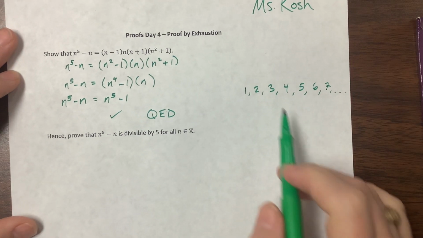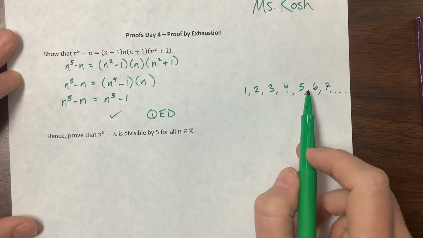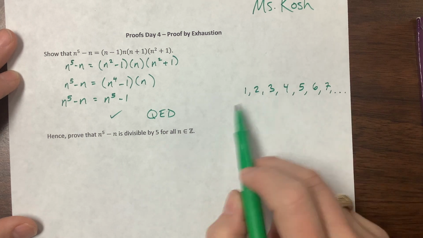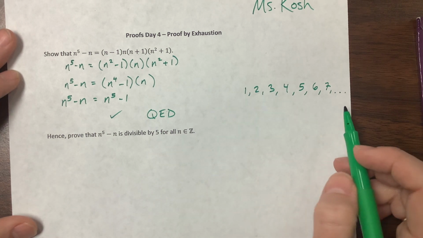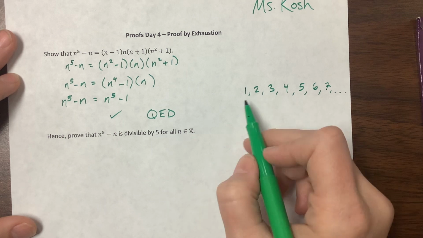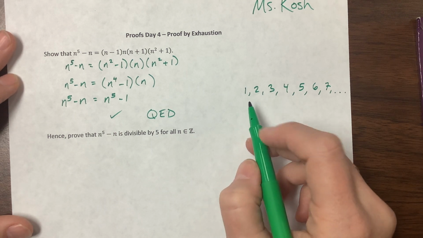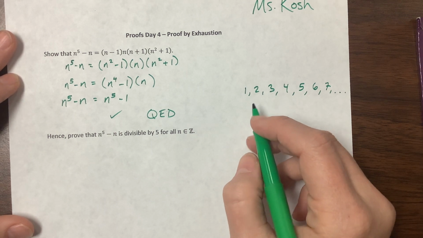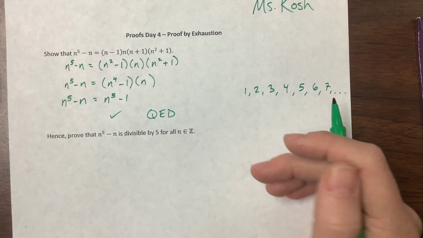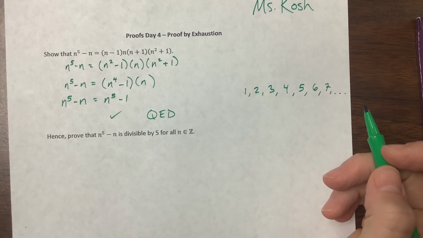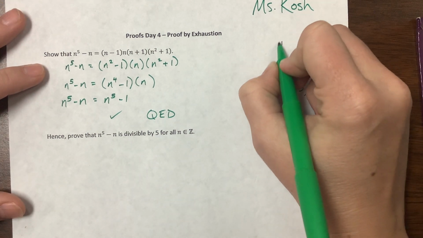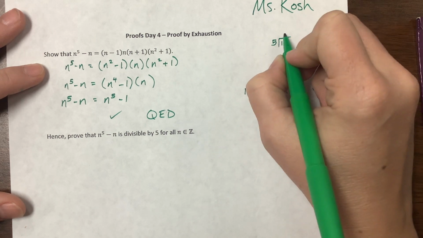What you notice is if I were to say, okay, what happens when I divide these numbers by 5? This is just scratch work to help you understand what's happening. Well, if I try and say 1 divided by 5, I would get 0 with a remainder of 1. Okay, if you think about that, 1 divided by 5, it's going to go in there 0 times.